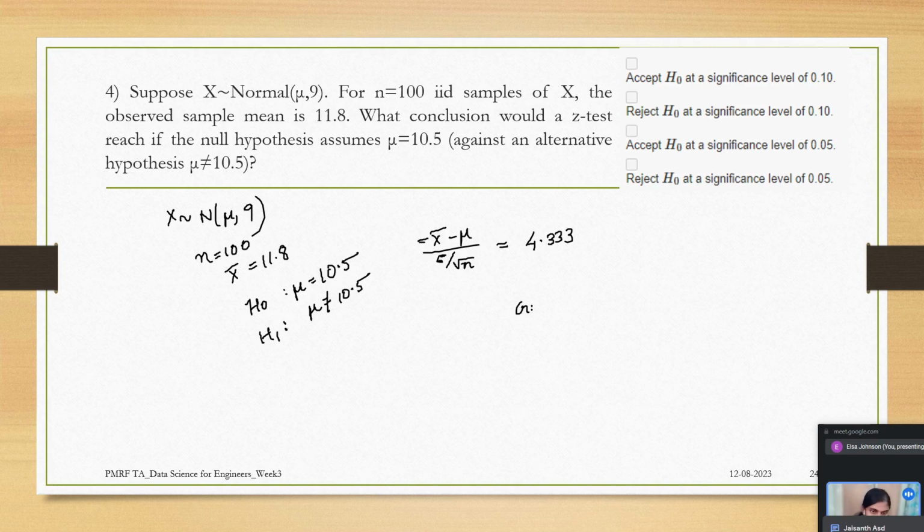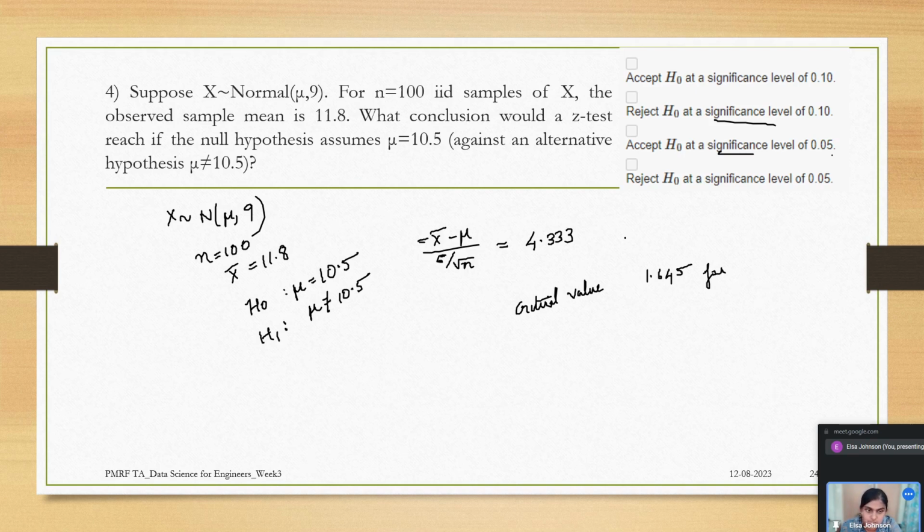Critical value will come around 1.645, and we have given two significance levels here, significance levels of 0.05 as well as 0.10. If you check in your documentation, or just type the critical value for, this is a two-tailed Z test, right?